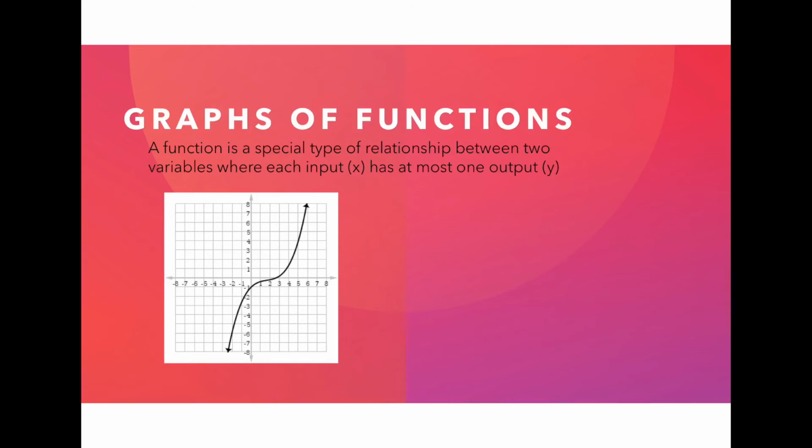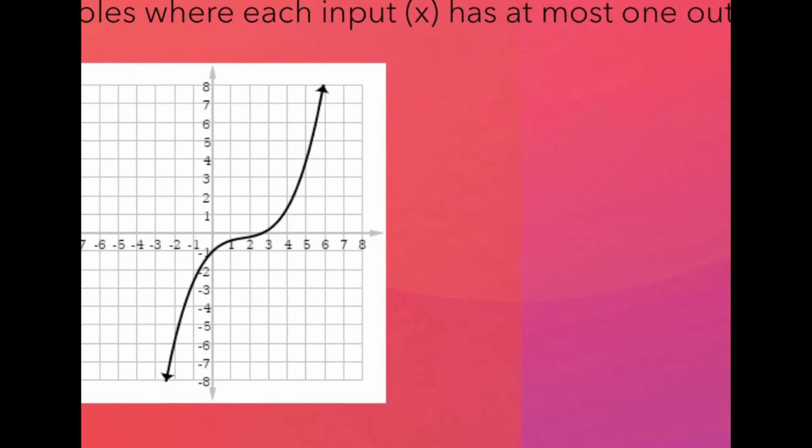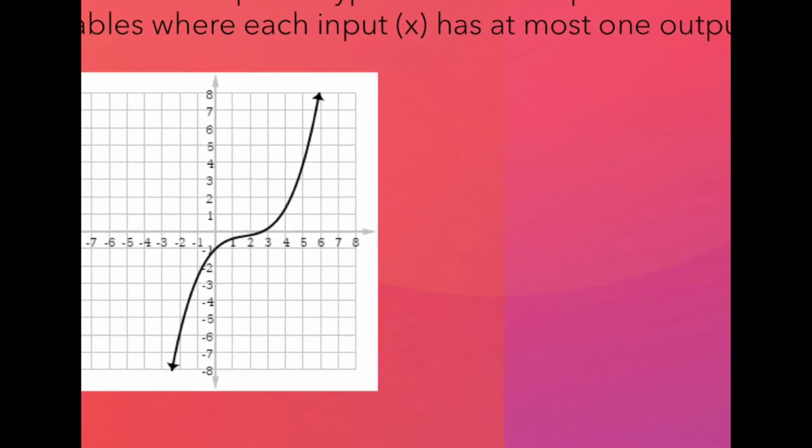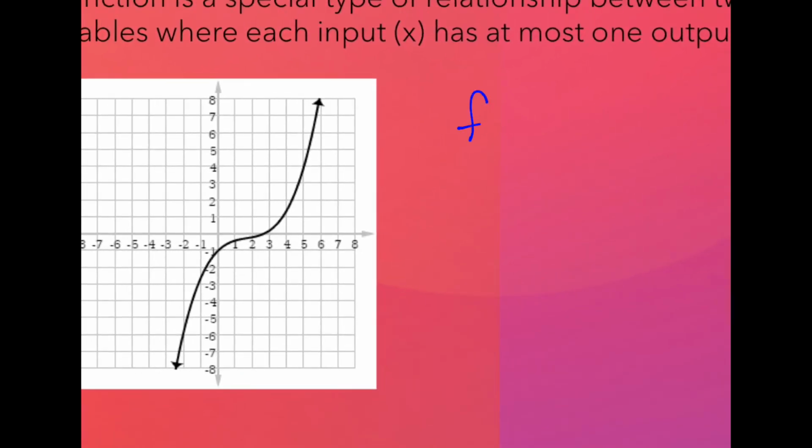In fact, we can use the graph to help us discern what the inputs and outputs might be for a function. I actually want to find the f of 5.